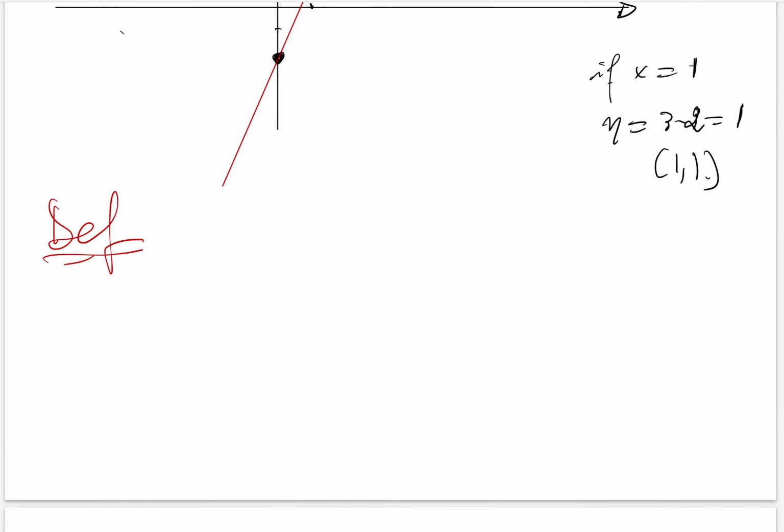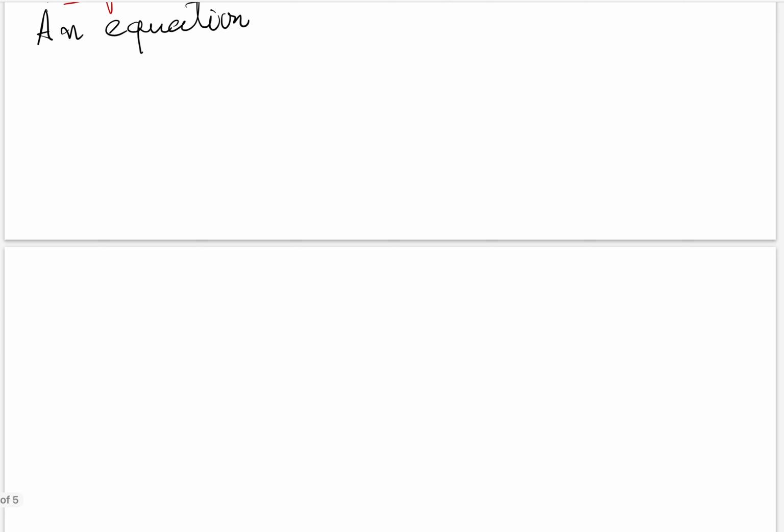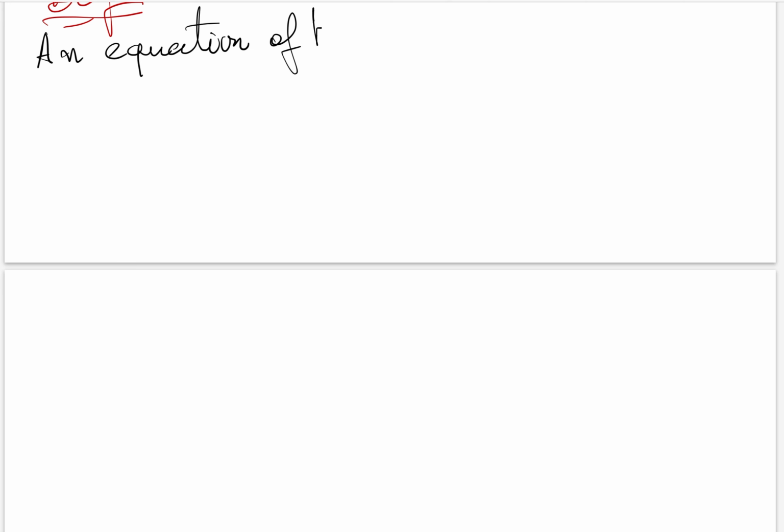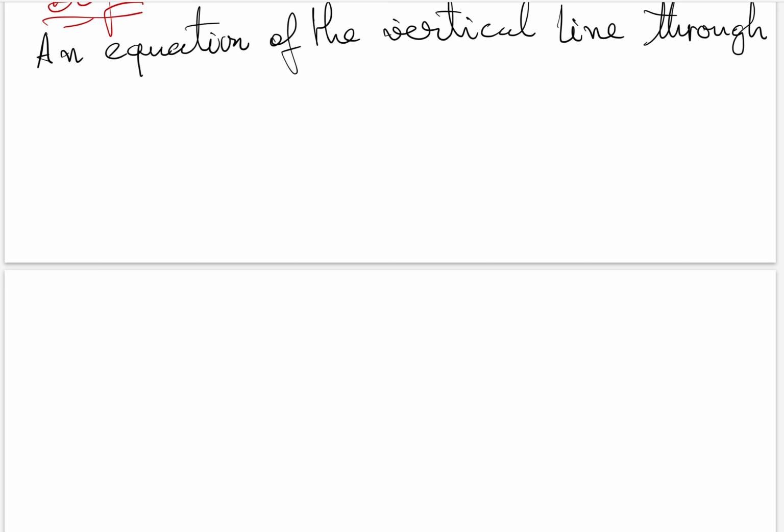So by definition, an equation of the vertical line through the point (a, b) is x is equal to a.